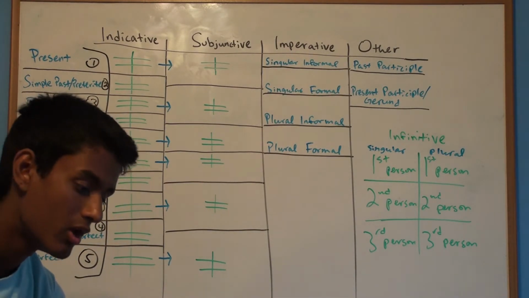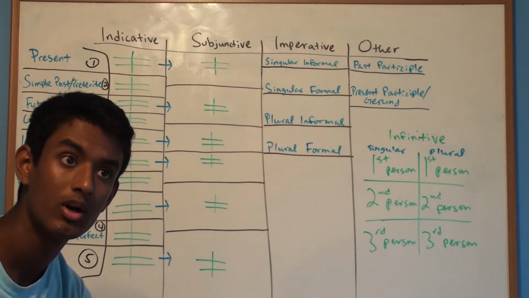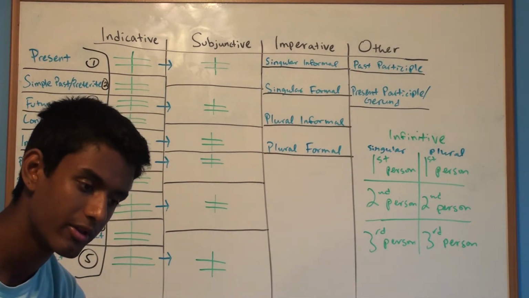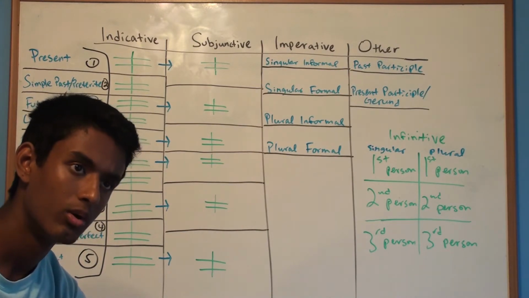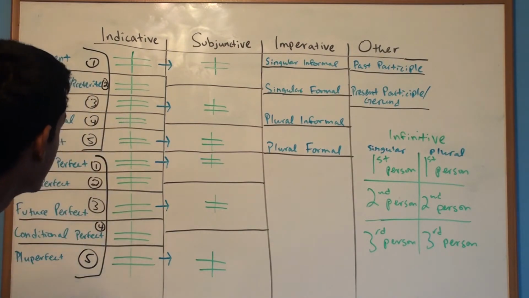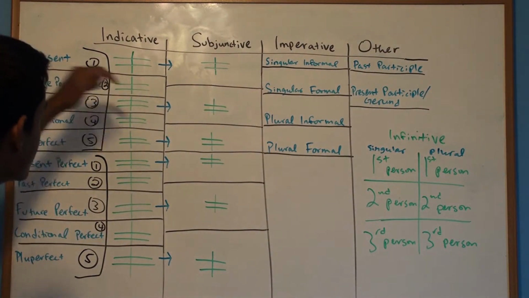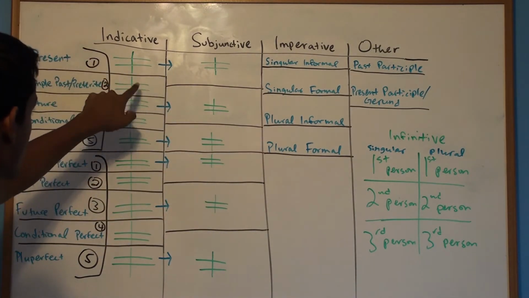in your mind, so that when you want to say something like, "Oh, yesterday I went to the store," this should be the thought process. So, yesterday I went. So you know it's simple past. You already know you're in this column. You know it's indicative because it's not a sentence that requires subjunctive. So you know you're in this chart.